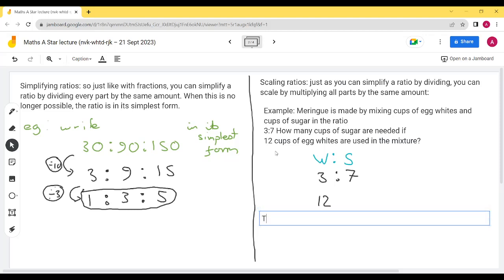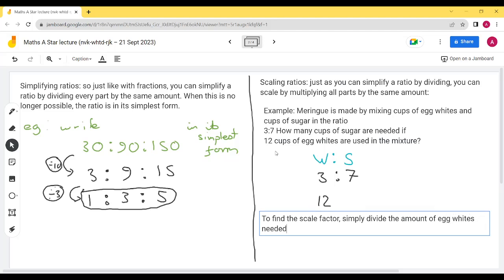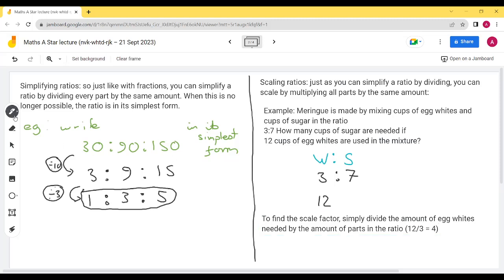3 to 12. So to find the scale factor, simply divide the amount of egg whites needed by the amount of parts in the ratio. So that's, in other words, 12 divided by 3 equals 4. And logically, if 12 divided by 3 equals 4, that means you can flip it around the other way. So we can do 3 times 4 equals 12.